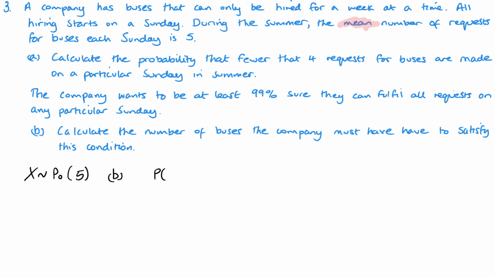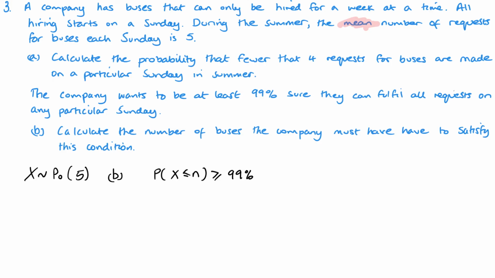So we want when x is less than or equal to n, being the number of buses that we have, this many buses or less that we always have available, and that is going to be greater than our 99%.